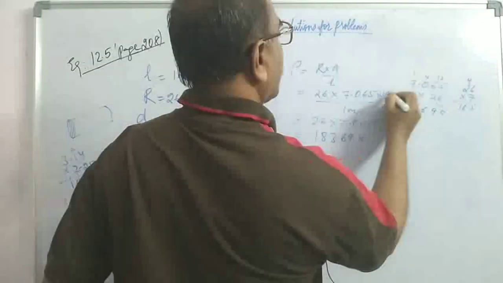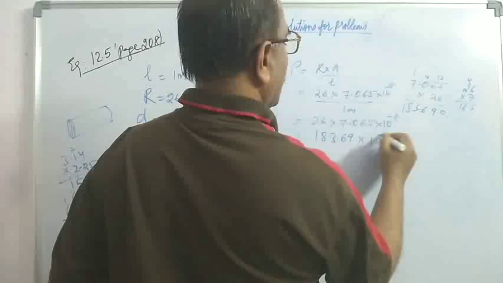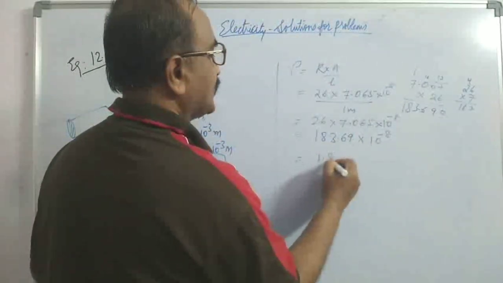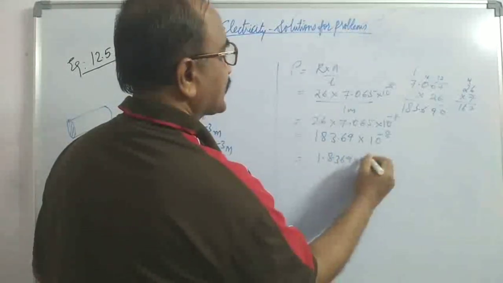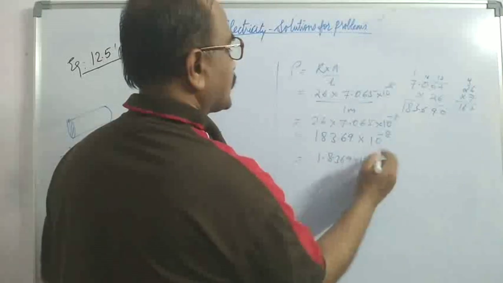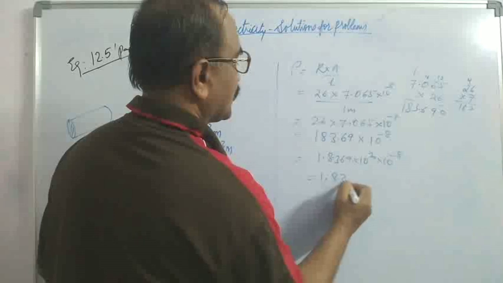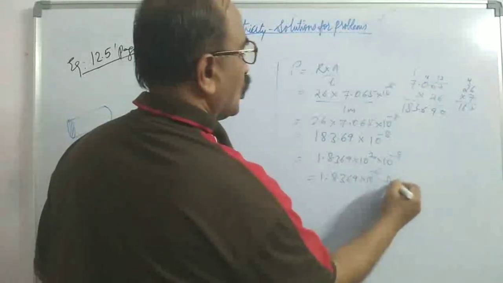So it becomes 1.8369 times 10 power minus 2, and with the 10 power minus 8, that becomes 1.8369 times 10 power minus 6 ohm meter.